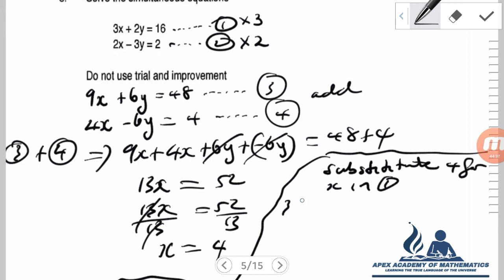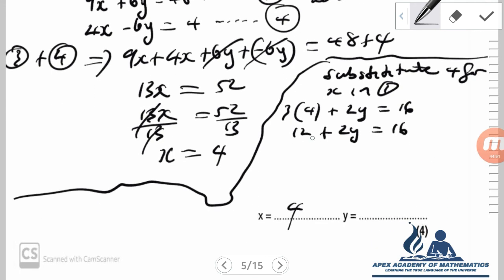So 12 plus 2y gives me 16. I'm going to subtract 12 from both sides, so I have 2y is equal to 16 minus 12. So 2y is equal to 4. 16 minus 12 is 4. And if I divide both sides by 2, I'm going to get y is equal to 4 over 2. So y works out nicely to be 2 here. And that gives me my final answer for this question.